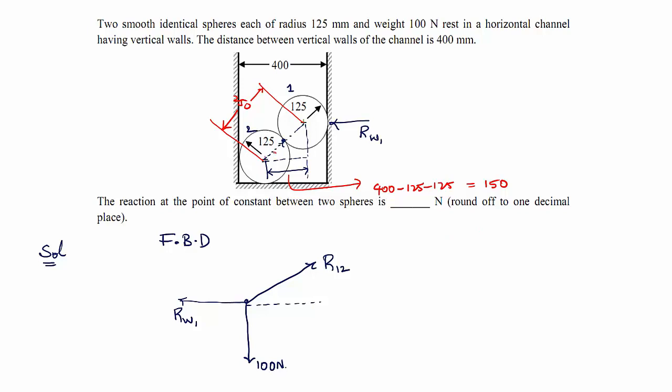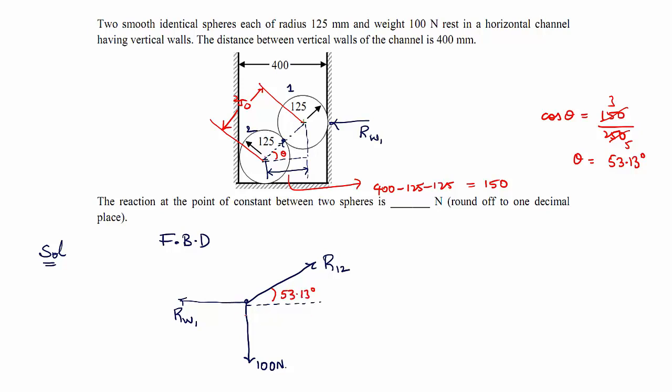So this is some angle theta. So cos theta is equal to 150 by 250, that is 3 by 5, which is 0.6, so theta is 53.13 degrees.